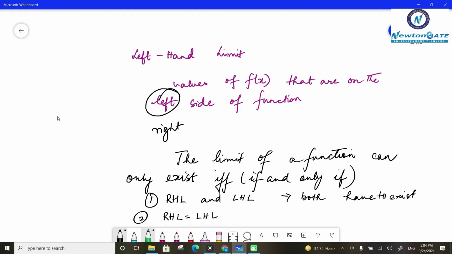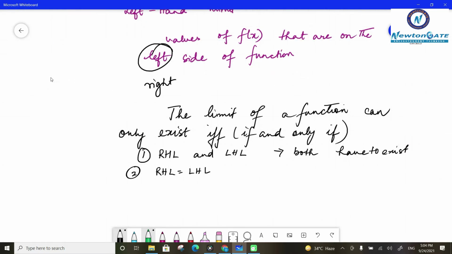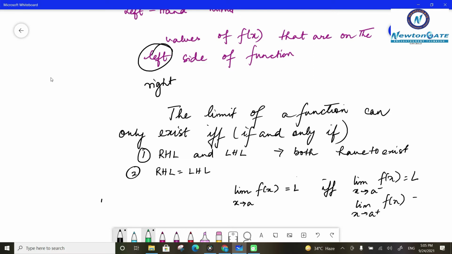If this happens, only then we can say that limit f(x), where x tends to 0, is equal to L. If limit x tends to a minus is L, and limit x tends to a plus is also L, if this happens, then we can say that yes, the limit of my function exists and this is the value.